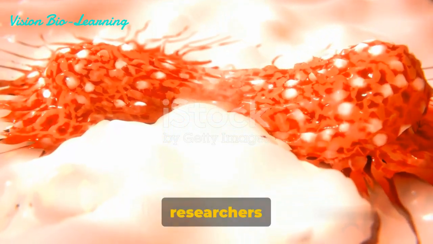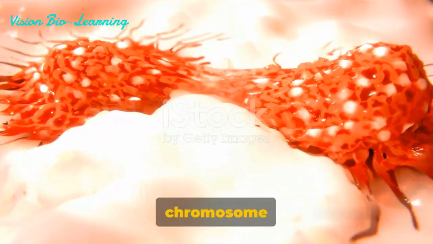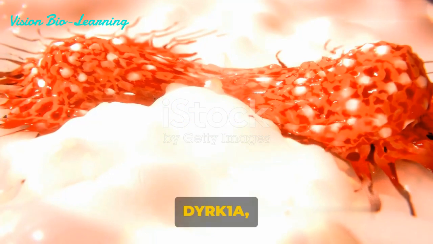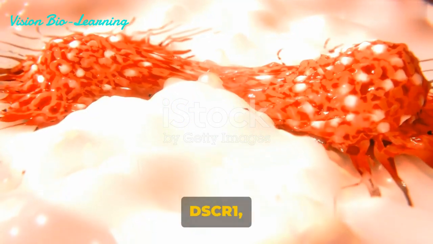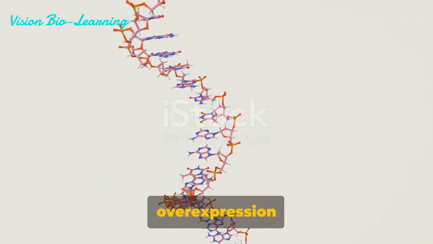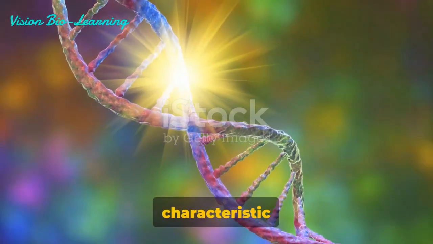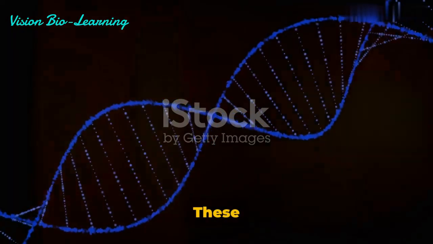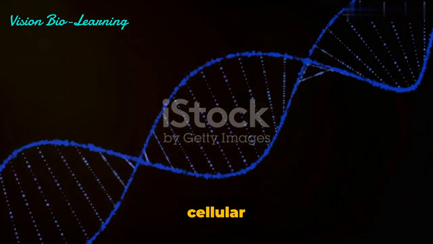Now, researchers have identified specific genes on chromosome 21, such as DYRK1A, DSCR1, and APP, that are overexpressed in Down syndrome. This overexpression contributes to the characteristic features of the disorder. These genes are like the musicians who are playing too loudly, disrupting the cellular orchestra.